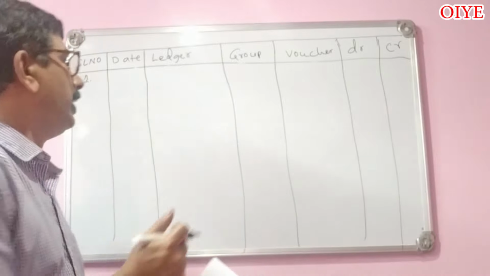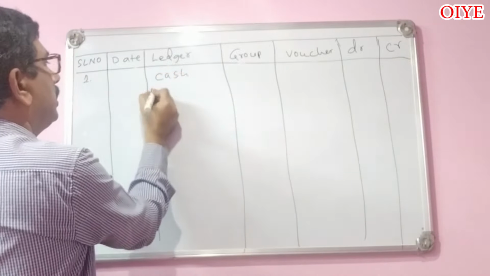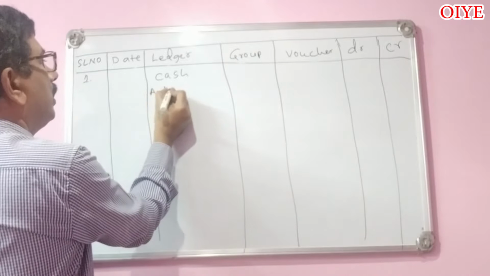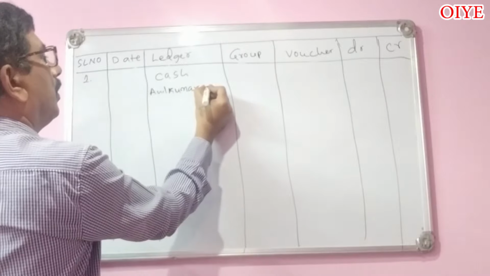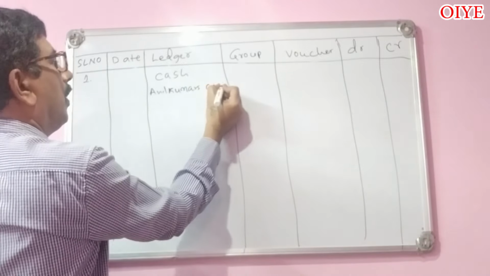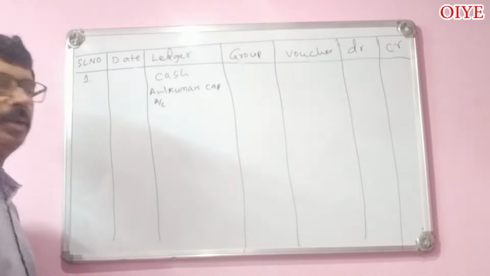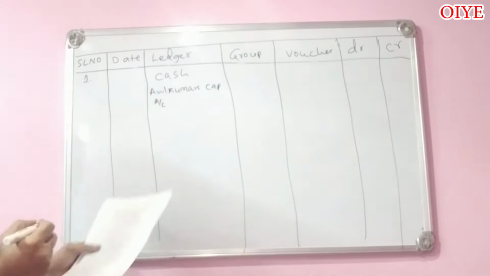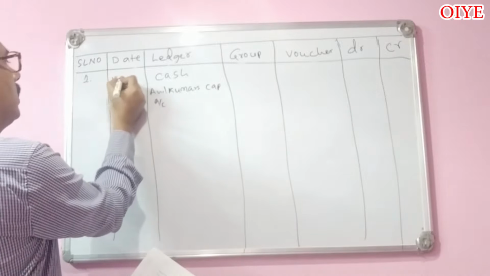So we need two ledgers. One is cash. Another one is Anil Kumar's capital account. So the date you can put 1/5/2017.